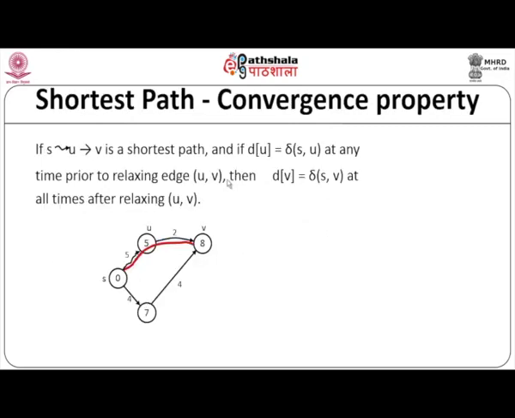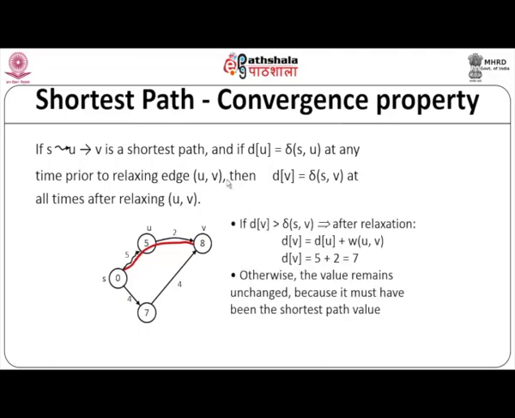Next, you have the convergence property. If s to u to v is the shortest path and if du is equal to delta(s,u) at any time prior to relaxing the edge uv, then dV is equal to delta(s,v) at all times after relaxing uv also. This is called the convergence property, as you can see from the diagram. If dV is greater than delta(s,v), after relaxation dV will be du plus w(u,v).